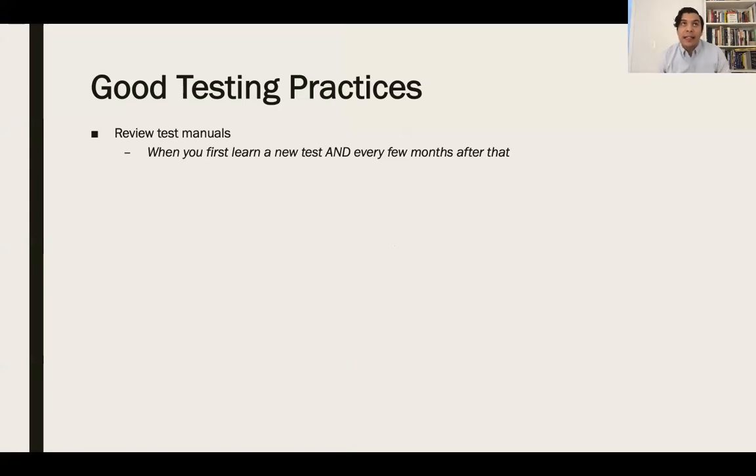Especially when we're administering multiple tests, the rules of a specific test can get fuzzy after some time, and it's normal that we start to deviate from the standard administration over time. That's why it's important that we review test manuals not only when we're first learning the test, but every few months after. It'll help us maintain standard administration.